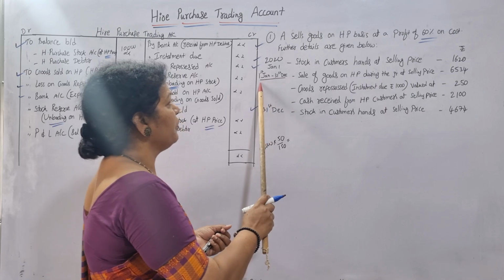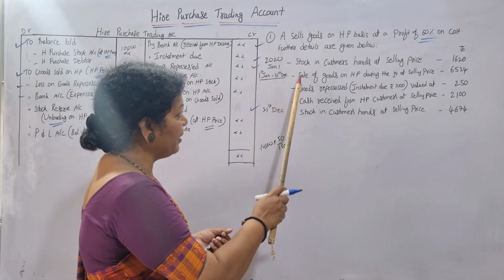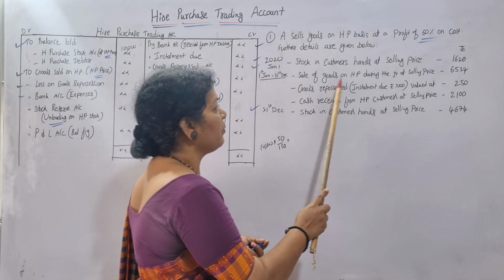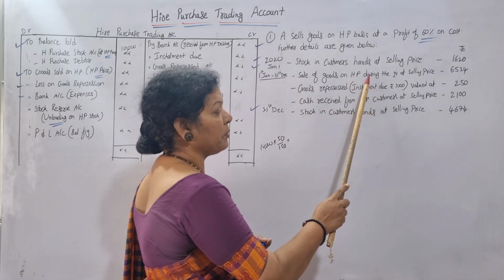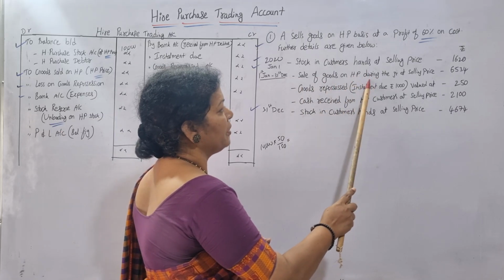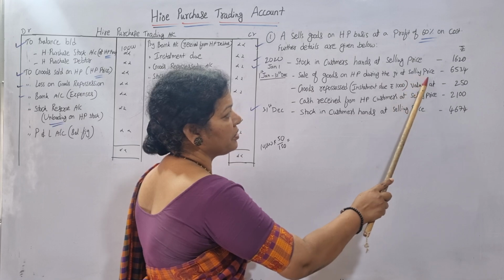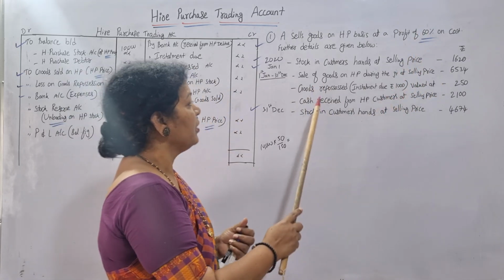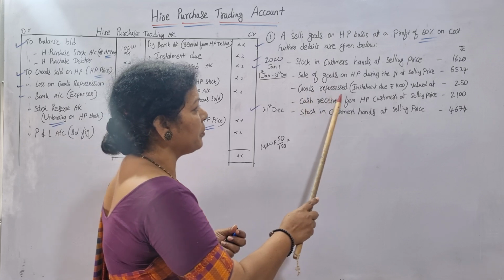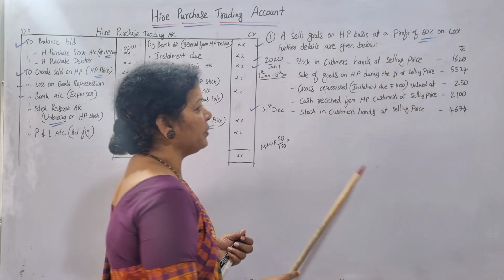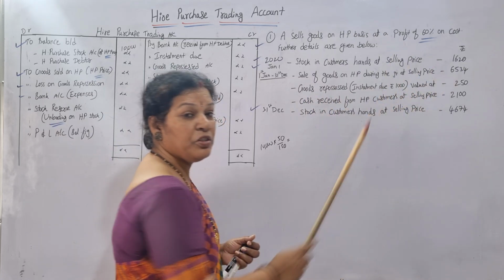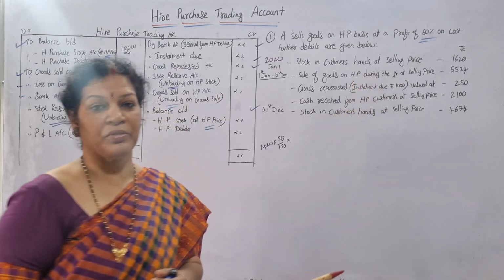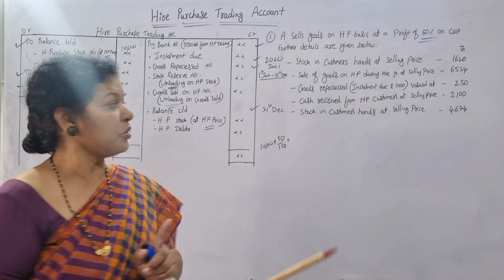Next. From 1st January to 31st December, we have three transactions. What are these three? One is sale of goods on HP, hire purchase, during the year at selling price. Selling price, this is sales goods. And next one, goods repossessed, valued at 250. Actual repossessed value is 250, but installment due is 1000. 1000 installment due.